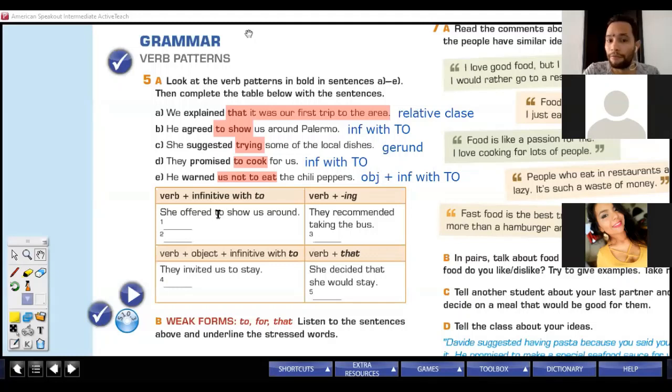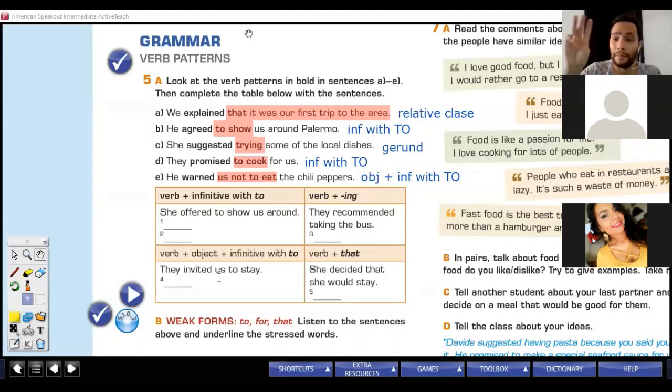Now, a second pattern can be verb plus ing, as I showed you in exercise C. So, they recommended taking the bus. Recommend is a verb whose pattern is gerund, or ing. So the second verb takes the ing form.